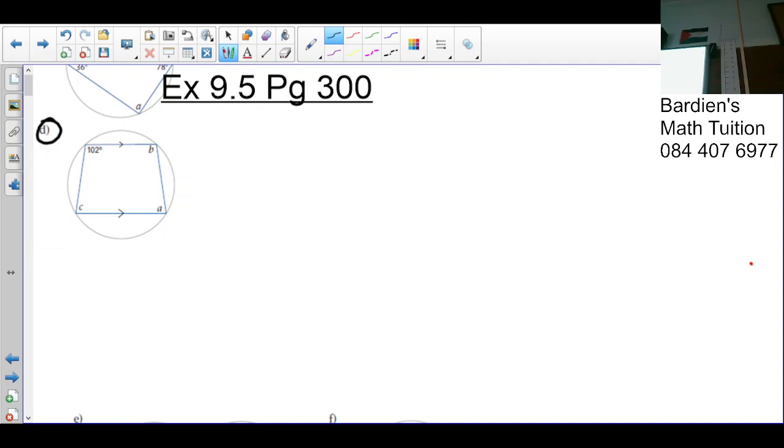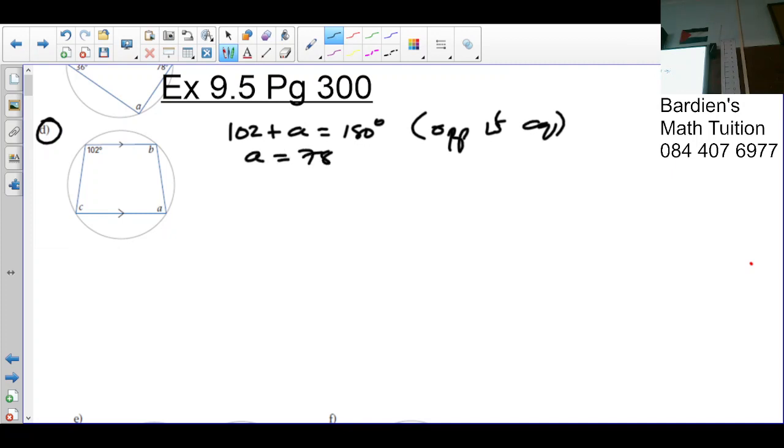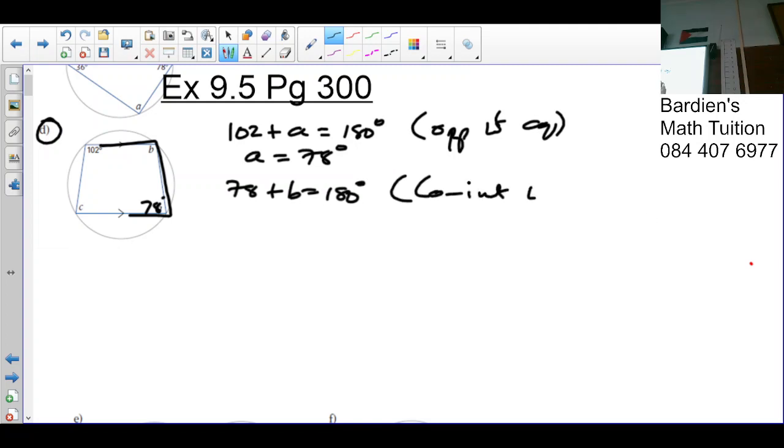Right, so are we going to calculate A? Opposite angles are supplementary. 102 plus A is equal to 180. This is opposite angles of a cyclic chord. So A works out to be 78 degrees. I'm going to calculate B. Co-interior angles. So 78 plus B equals 180. Do I have the naming of the vertices?